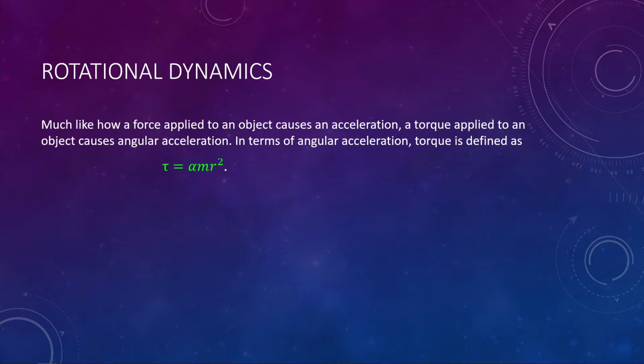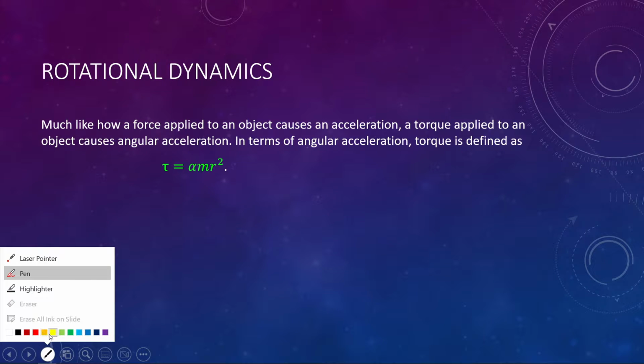If you apply a force to an object, F, you cause that object to accelerate, F equals ma. Well, if you apply a torque to an object, you cause it to rotate. Same general idea.